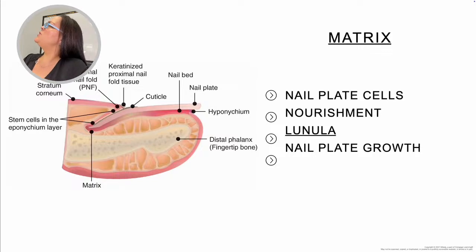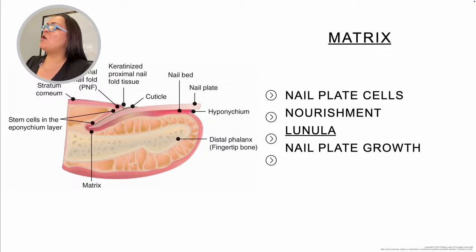Tasha, you mentioned the lanula, right? The lanula, just for your information, is the visible part of the matrix. You can actually see your matrix, and it is the lanula, that moon-shaped thing you see. The matrix extends out past where you can actually see it.